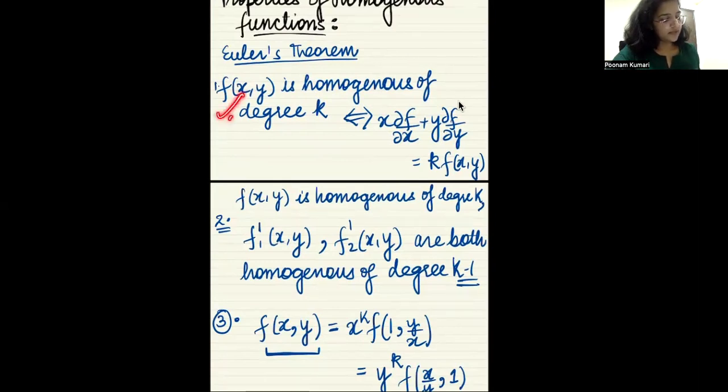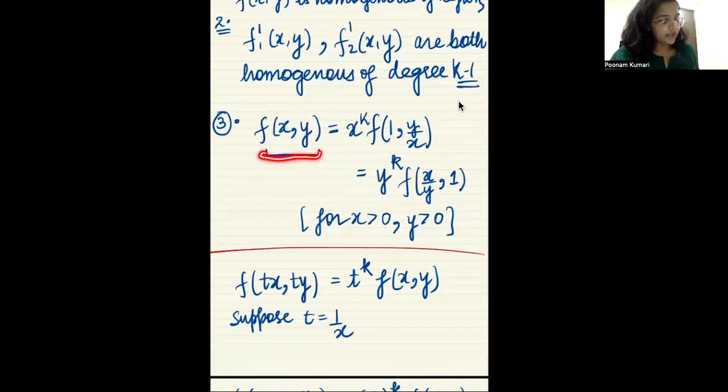So first is regarding how you take the partial derivative, multiply by x, partial derivative, multiply by y, that is nothing but k times the function value. Then whatever the partial derivatives are, they are also homogeneous of degree k minus 1. Then how you write these homogeneous functions.